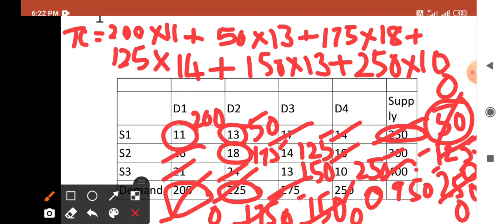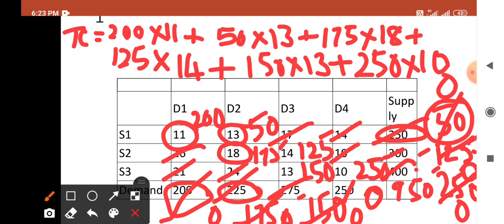What is given in each cell is the price per unit of transporting. So for transporting 1 unit, how much it costs, that is the price given in each cell. And what we have allocated is the quantities to each cell. So per unit cost into the quantity gives the cost. If we add these up, we'll get the total cost of transporting.